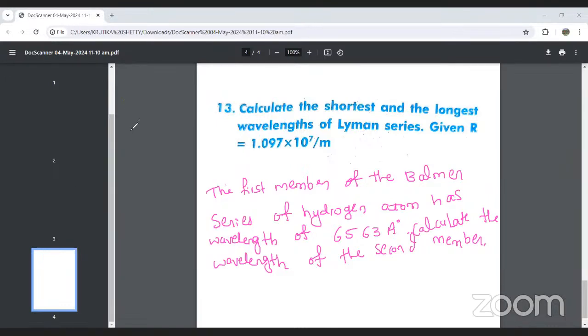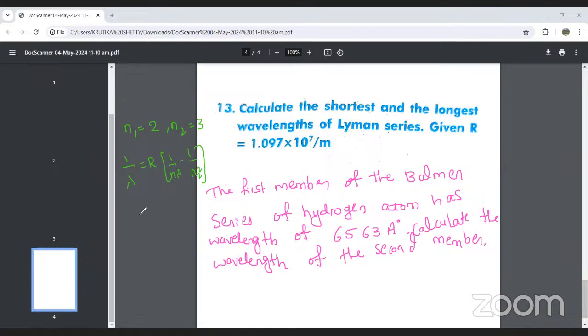See here, the first member of the Balmer series. For the first member, n1 is equal to 2 and n2 is equal to 3. So 1 by lambda is equal to R into bracket 1 by n1 square minus 1 by n2 square.